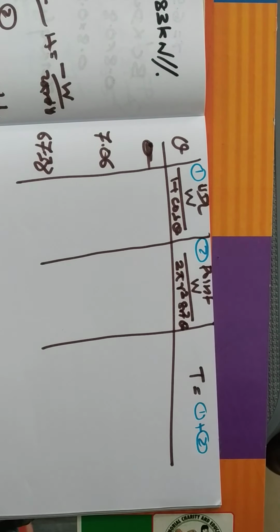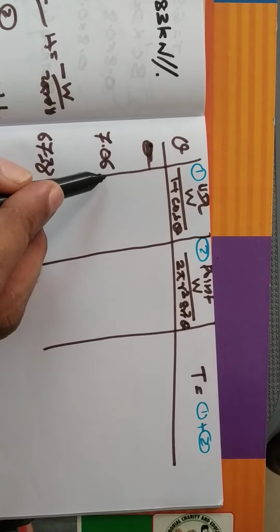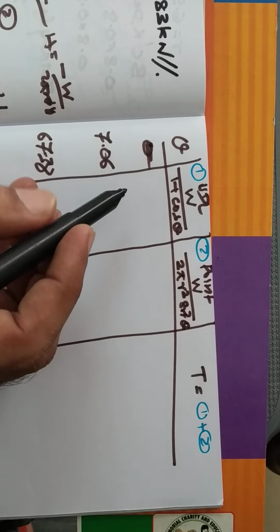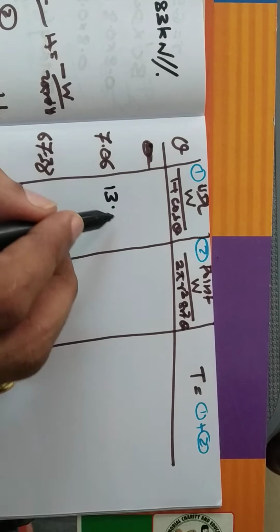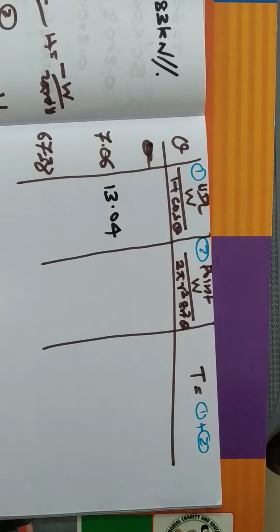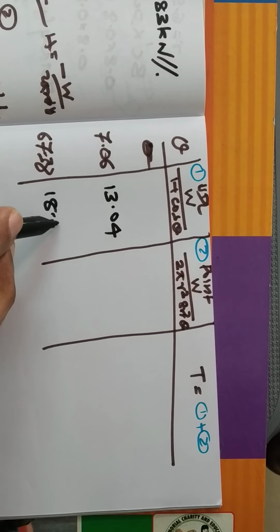I have calculated these values. Substituting theta as 7.06, you will get the UDL value 13.04, and for 67.38 it is 18.77.